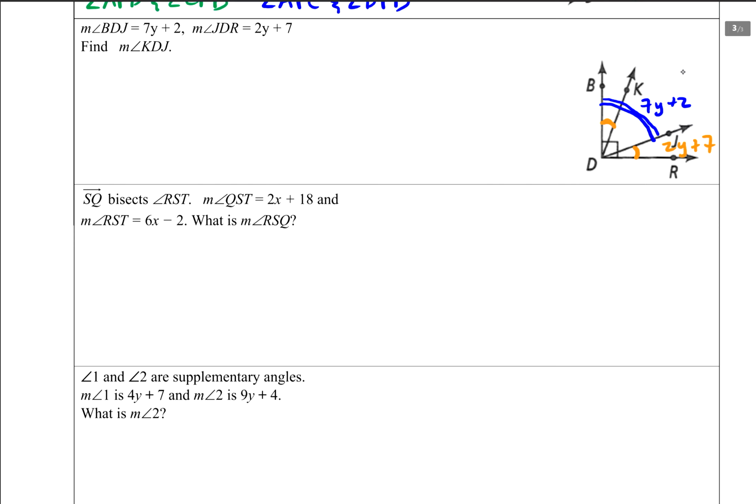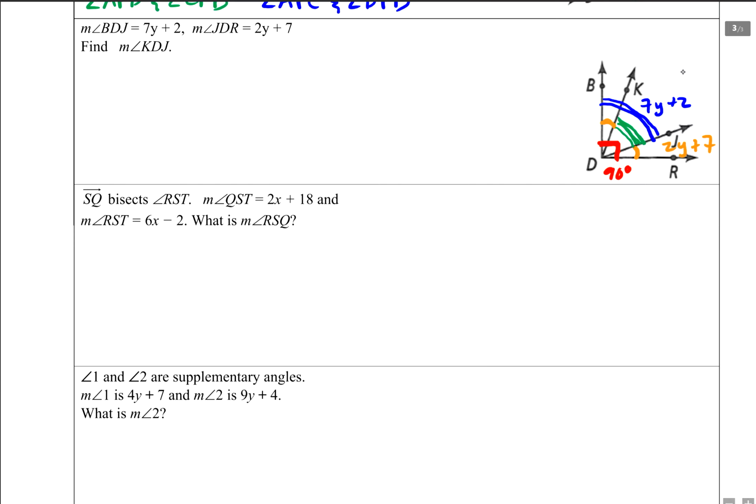Okay. And what other important point do I see? We have a right angle. What does that mean to us? That means 90 degrees. And we are trying to find this angle right here. Put 3 of them on there. There's 3 there. Okay, we are trying to find that angle in the middle.